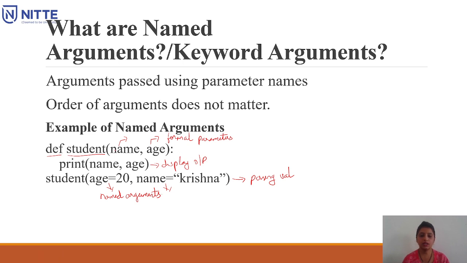But here you can see that in the function call, name and age is given, but in the function, age and name is specified. As I told, in keyword arguments, the order does not matter. When the output comes, it comes as per the print statement. So in print, first I have to give the name and next I have to give the age.